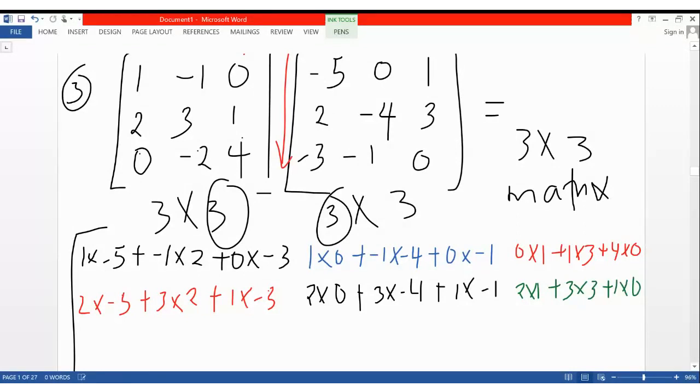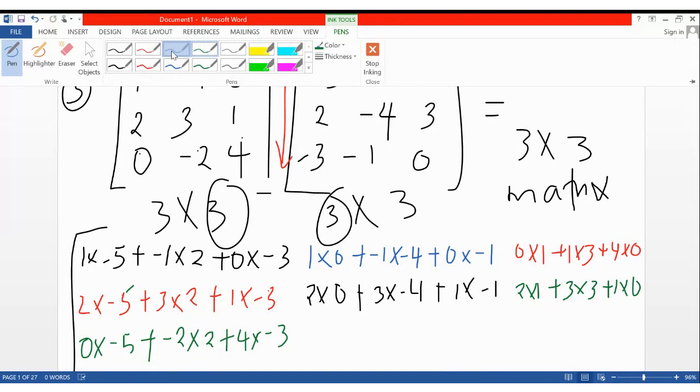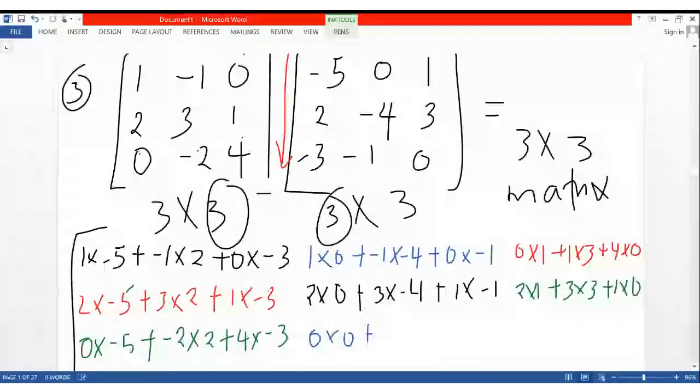So I'll have 0 times negative 5 plus negative 2 times 2, and then plus 4 times negative 3. Then I'll have 0 times 0 plus negative 2 times negative 4 plus 4 times negative 1.